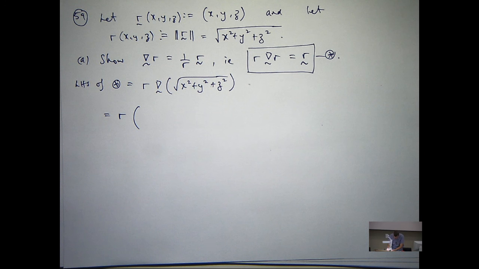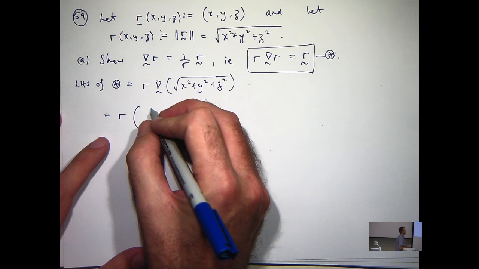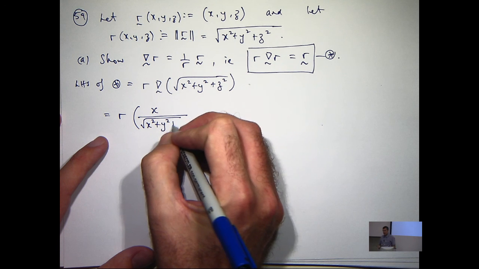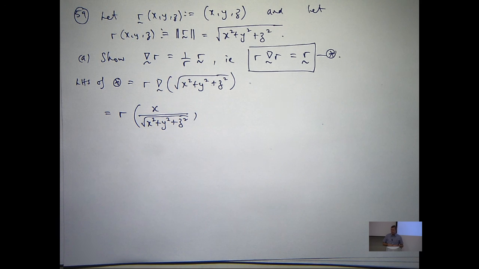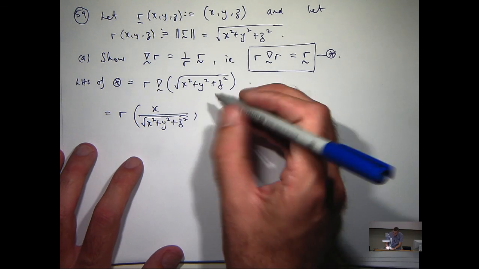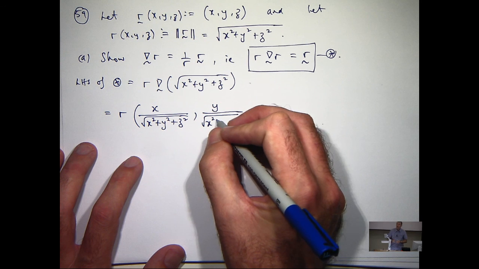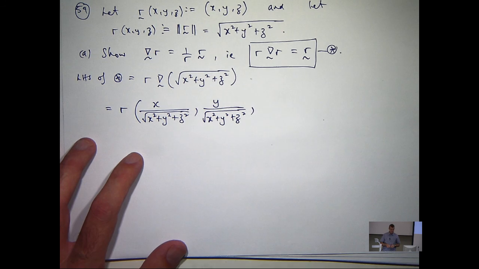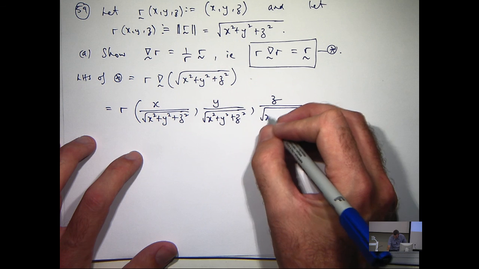Derivative with respect to z, that'll be my third component. So if I differentiate this with respect to x, I'm going to get something like this. Yes? If I differentiate with respect to y, I'm going to get something very similar. And if I differentiate partially with respect to z, I'll get the following.